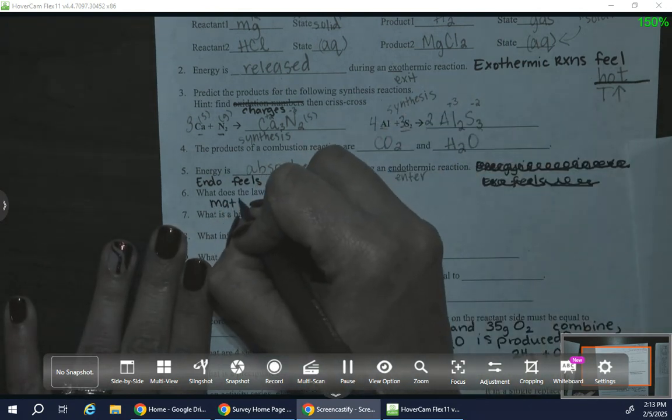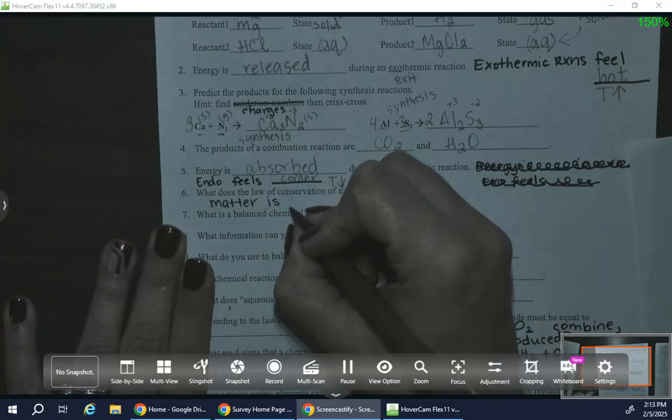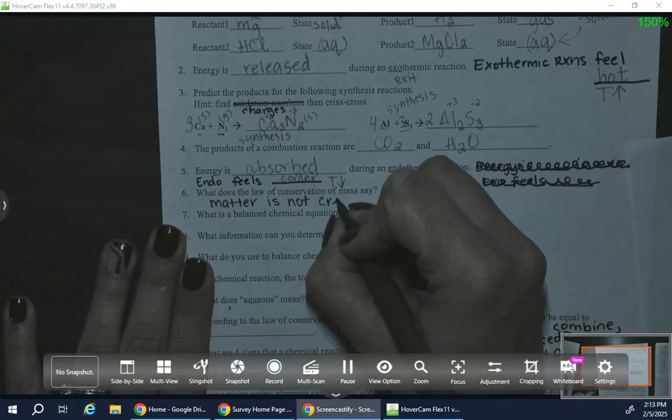Matter is neither created or destroyed. So not created or destroyed.